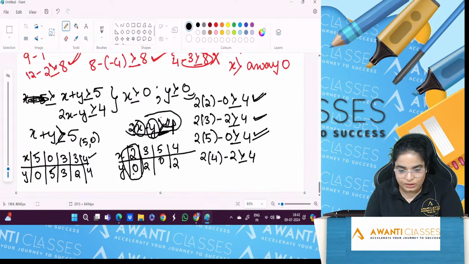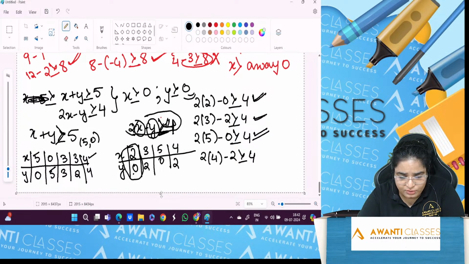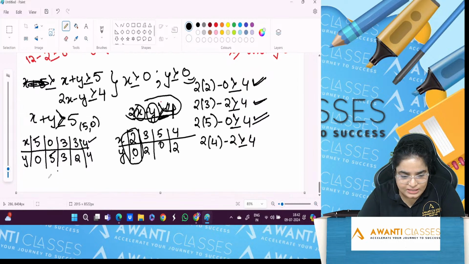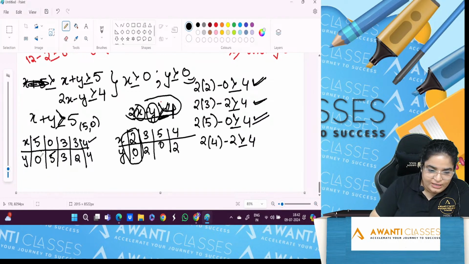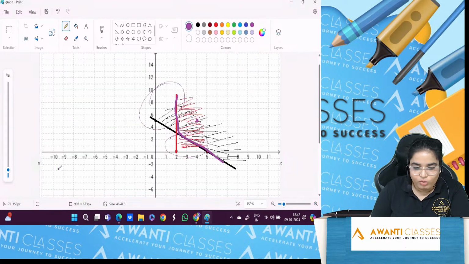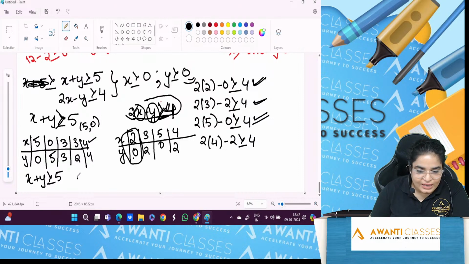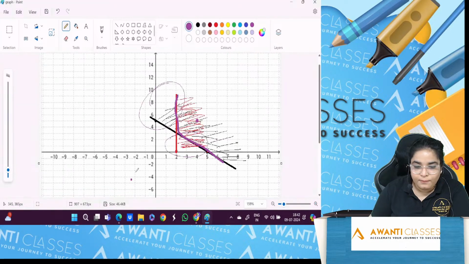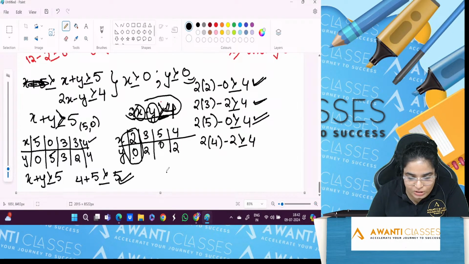Now, what is our first equation? x plus y should be greater than or equal to 5. The point is 4, 5. So if x is 4 and y is 5, it is definitely satisfying. Same point. What is the second equation? 2x minus y should be greater than or equal to 4.